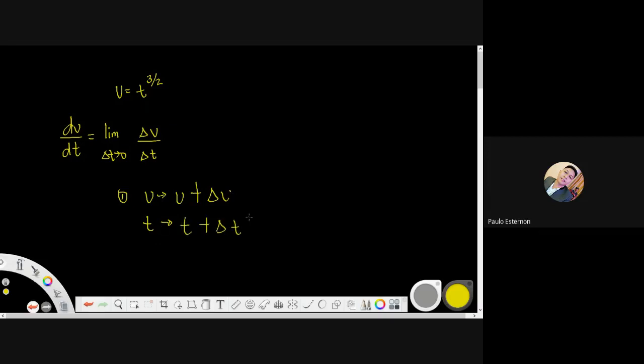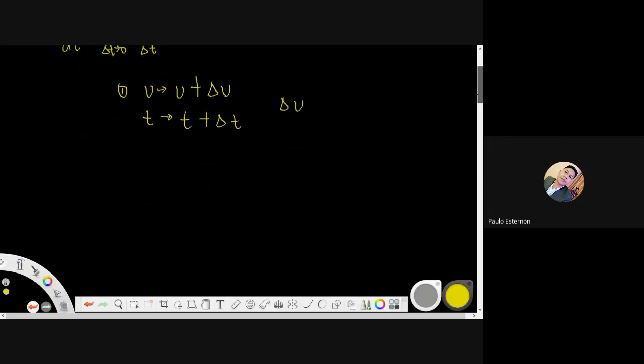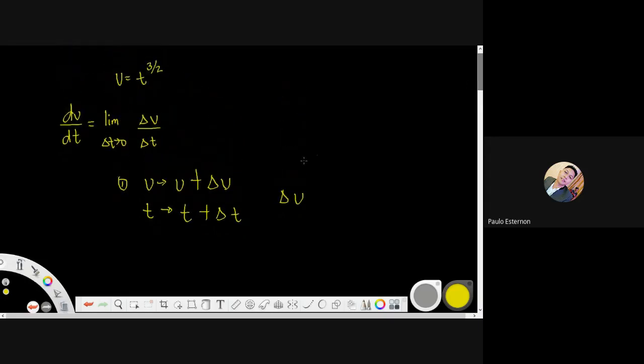After introducing these two variables, we're going to find the value of delta u. Now, since we introduced u plus delta u and t plus delta t, take note that our delta u and our delta t both approach 0.